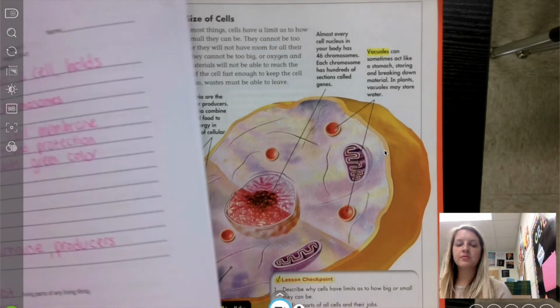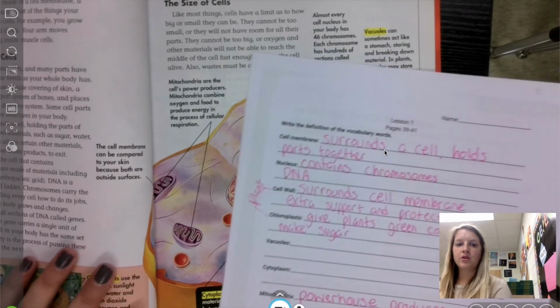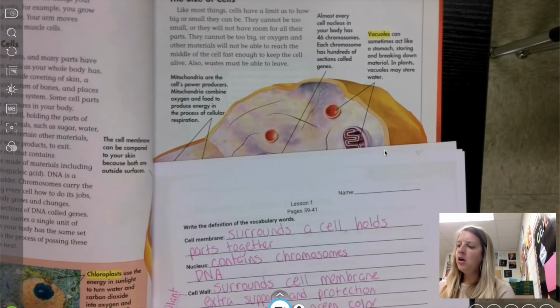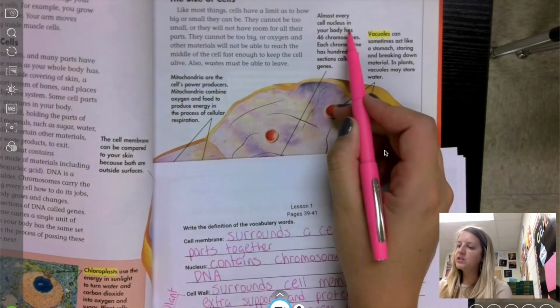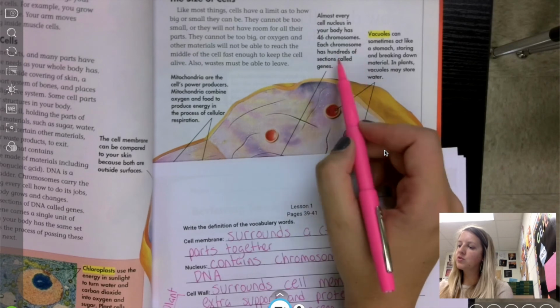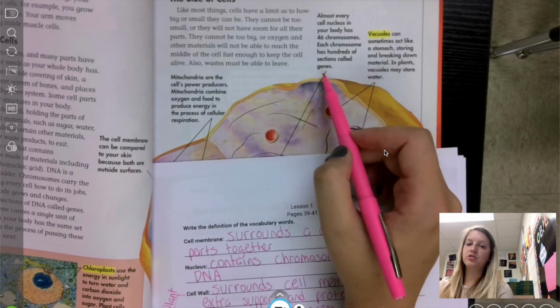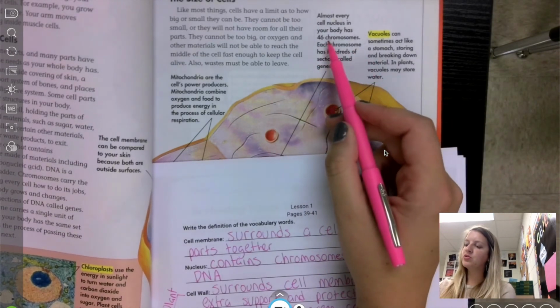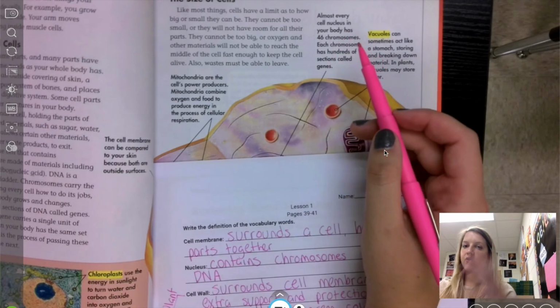That way I see that they're both powerhouse and producers, that they work together. Almost every cell nucleus in your body has 46 chromosomes. Each chromosome has hundreds of sections called genes, and those chromosomes are what you get from your parents.